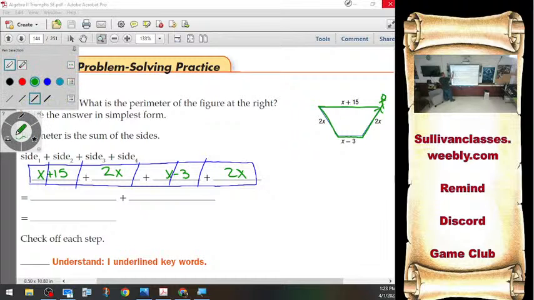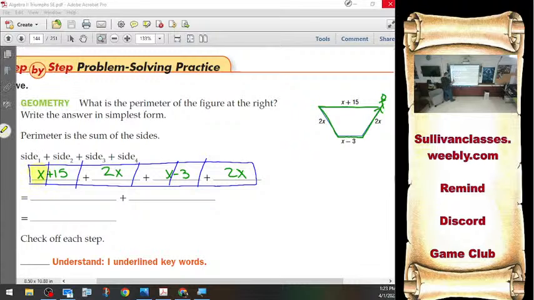It works really nice if I can highlight them up here. Are there any other x's? x plus 2x is how much? 3x. Plus x is 4x. Plus 2x is 6x. So altogether I have x plus 2x plus x plus 2x is 6x.